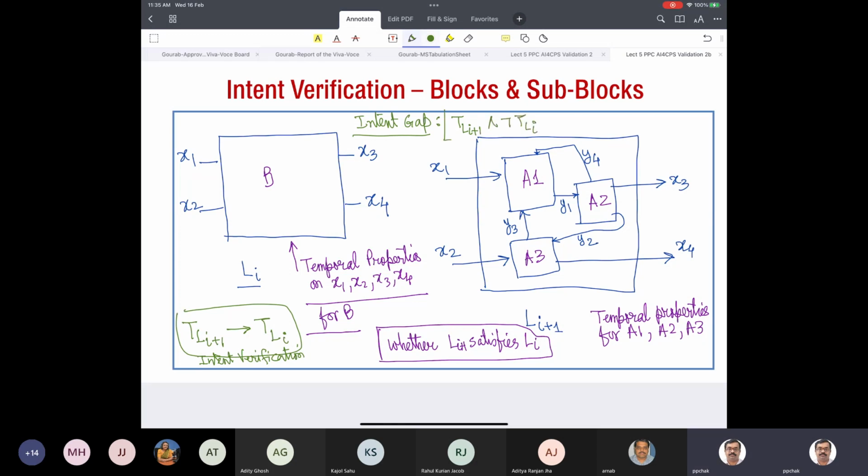The formula TLI plus 1 and not TLI tells me that there is something that TLI plus 1 does, but TLI does not do. And if this is not null, then the refined specification does not properly implement the original specification.